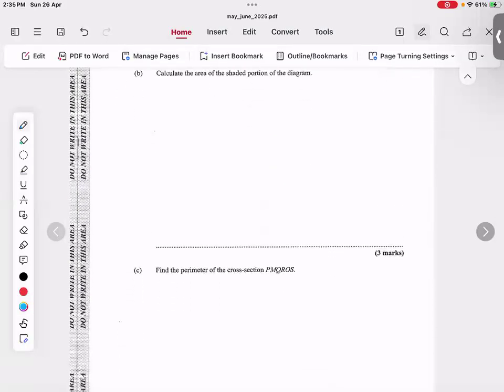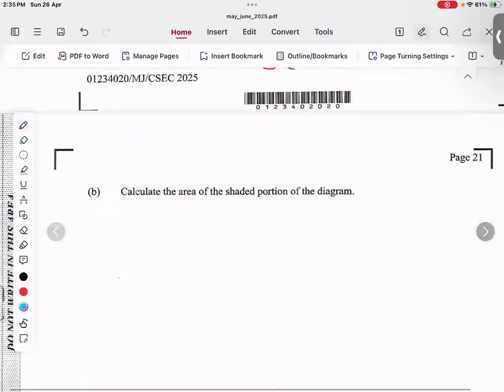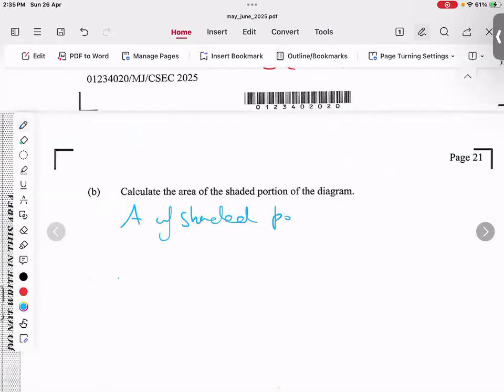All right. So therefore, we can basically write a statement here: area of shaded portion is equal to area of semicircle plus area of triangle.